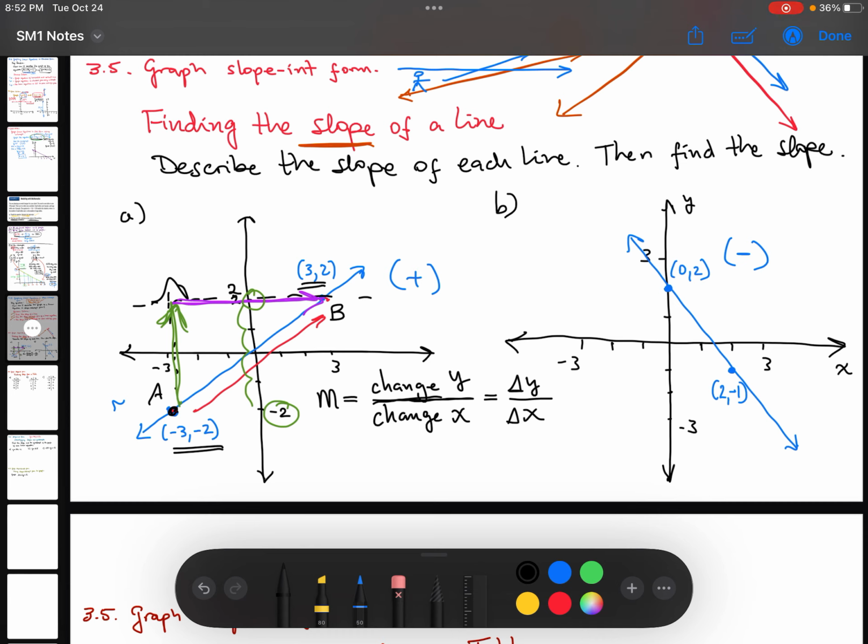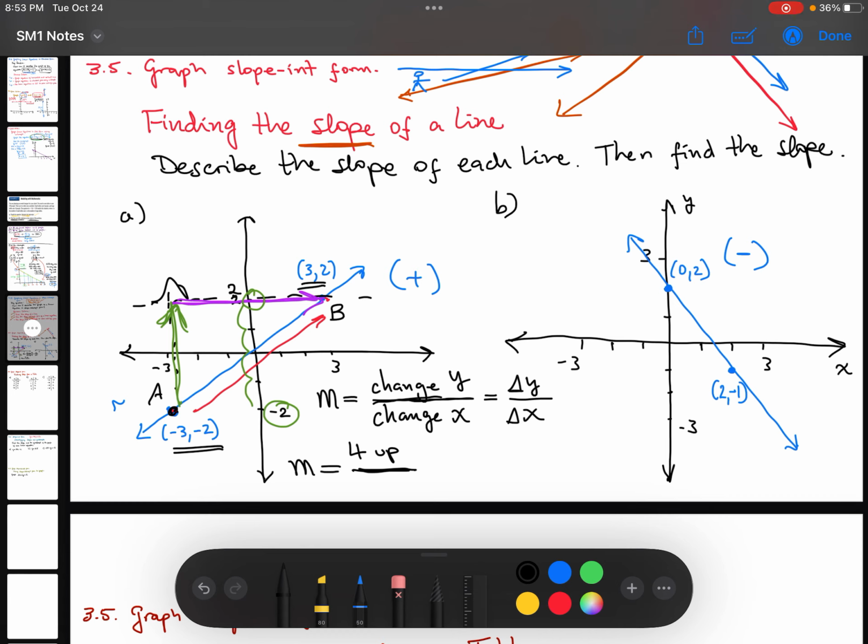So in this case, calculating the slope is a measure of how steep that line is. If the line is going up, that number will be positive. If the line goes down, like in example B, then the slope will be negative. So in this case, I know that I go up 4 divided by how many steps you go to the right.